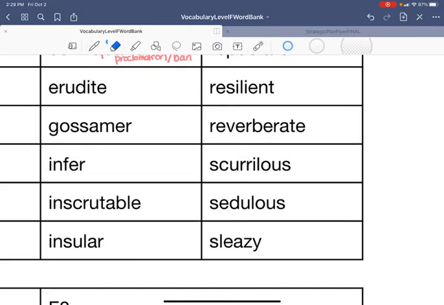So let's move on to the next word. Erudite. I would just say that this word right here means instruction in Latin.